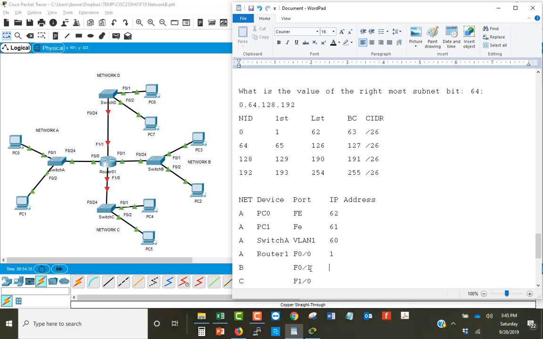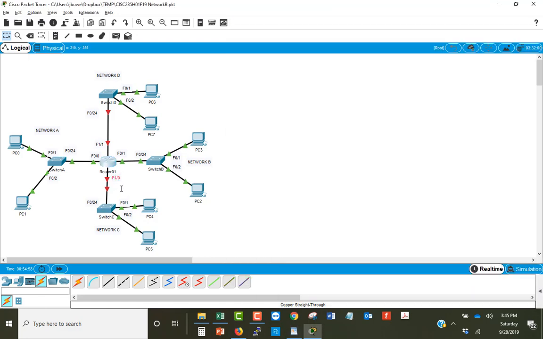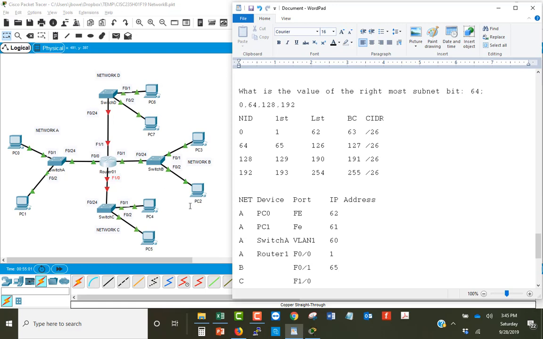Then we have F01, which is this port right here belonging to network B. So I have to pick out of the second block of addresses, and that's going to start out with 65. I'm going to pick 65 just for the hell of it. Then we've got network C on F10 right there, and that comes out of the third block of addresses, so I'm going to give that a 129.